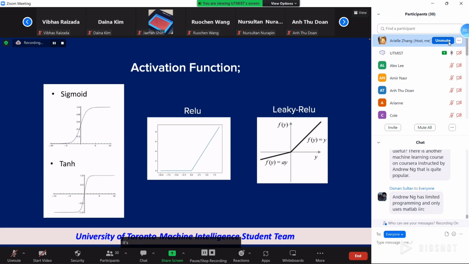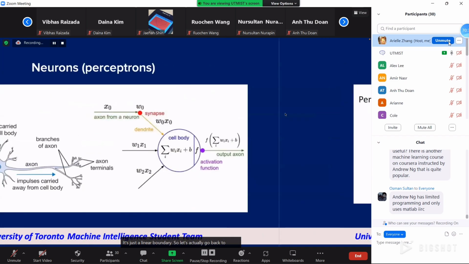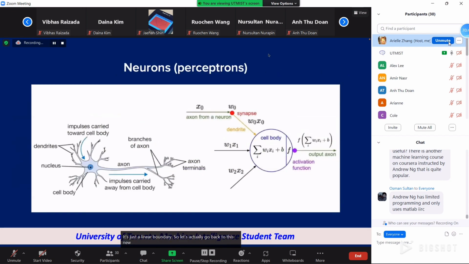It's not using any activation functions. It's just a linear boundary. So let's actually go back to this neuron structure. The activation function is added at the end of the cell body. So after we sum every single linear input, we add activation functions. But for our blue dot, red dot examples, we just use an ax plus b type of decision boundary.